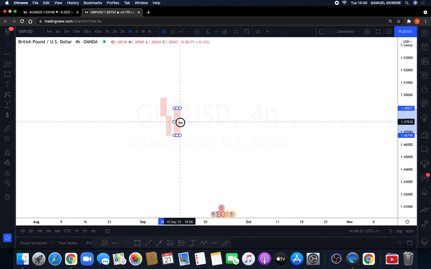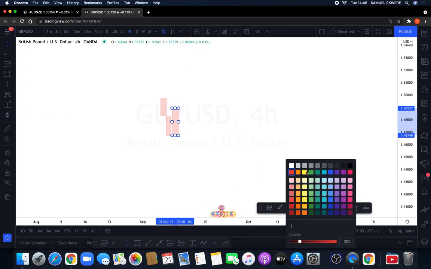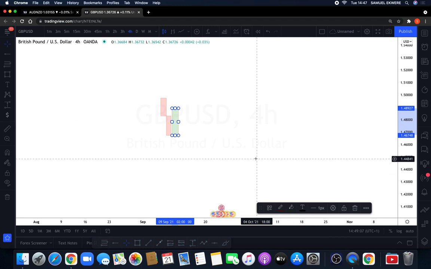So next, a green one, that's a bullish candle.